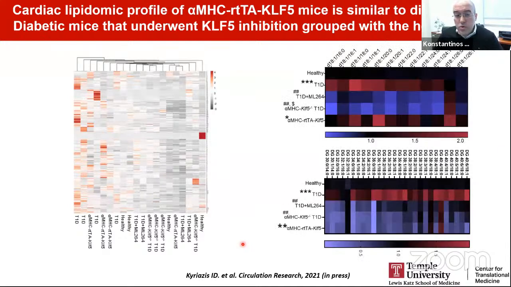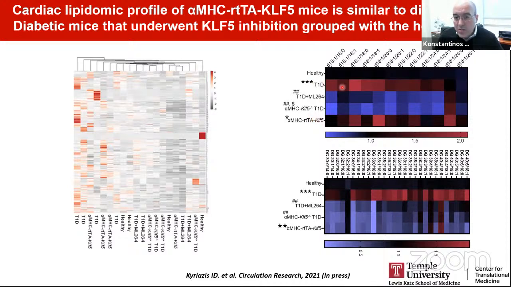So we focused on two toxic lipids, ceramides and diacylglycerols, because these lipids have been associated with complications in diabetes. And it seems like the diabetic mice had the same profile as the transgenic mice only for ceramides.